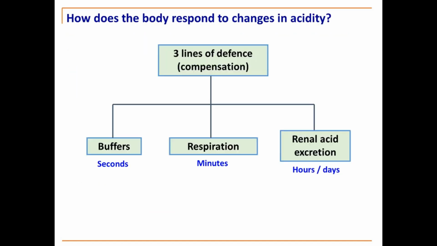Okay, so now we know some of the causes, or at least some of the different ways we can get a metabolic or respiratory acidosis and alkalosis. But what does the body do about it? Do you just want to go into this acidotic or alkalotic state, or do you want to do something about it? Well, you clearly want to do something about it. So there are buffers, and these react very, very quickly. And we've actually looked at one of those.